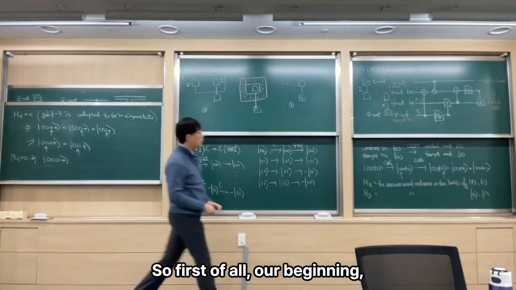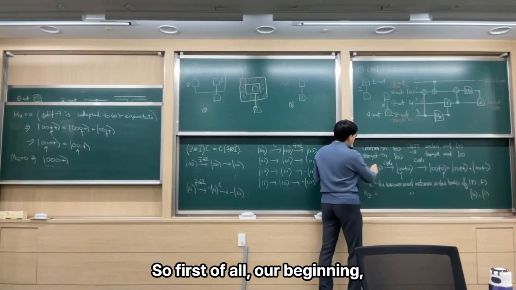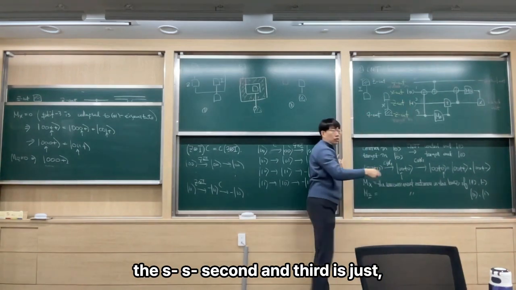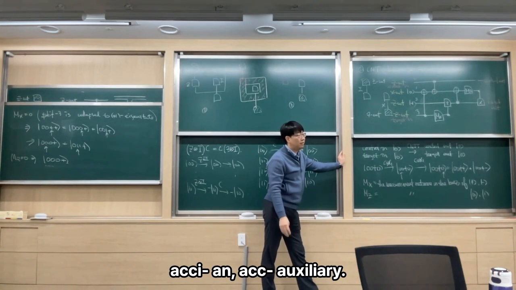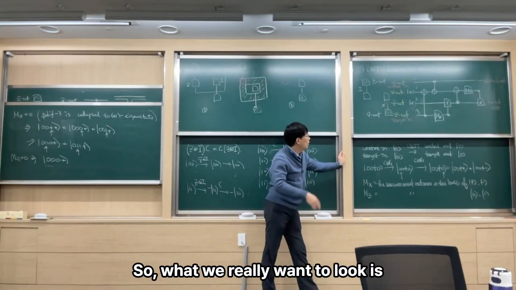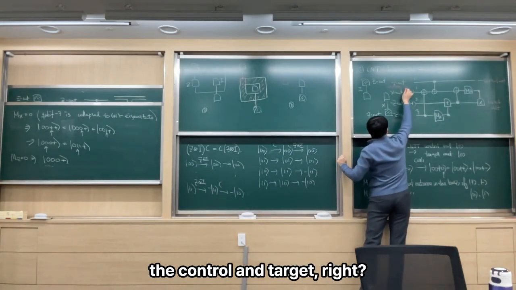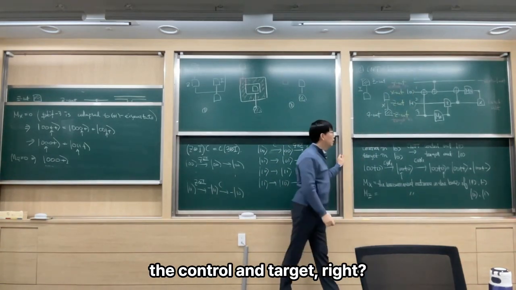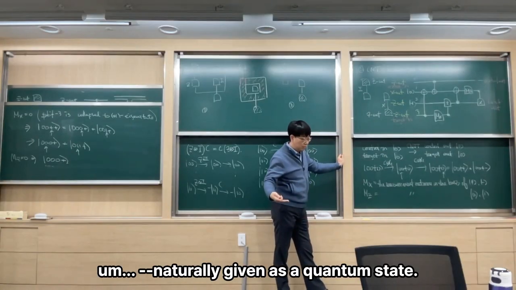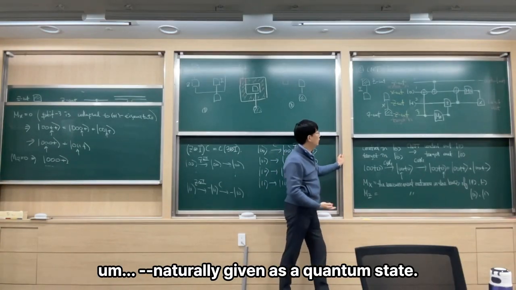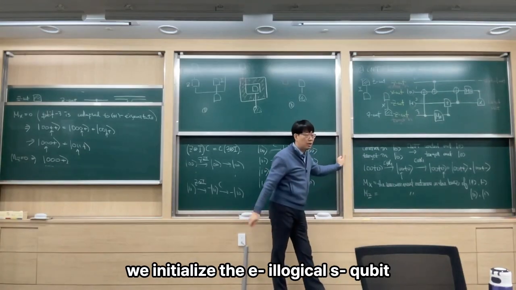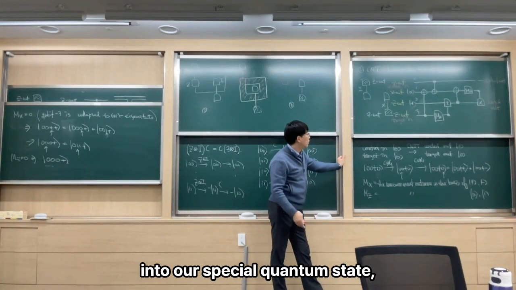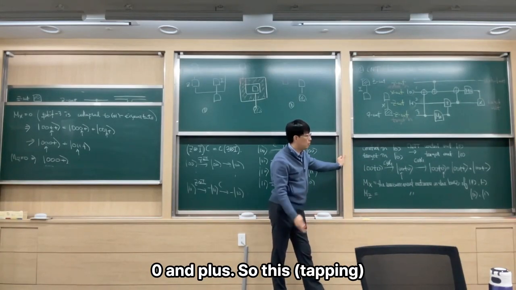So first of all, our beginning, the second and third are in some sense auxiliary. What we really want to look at is the control and target, right? This is what is naturally given as a quantum state. But here in the second and third, we initialize the logical qubit into our special quantum state, 0 and plus.